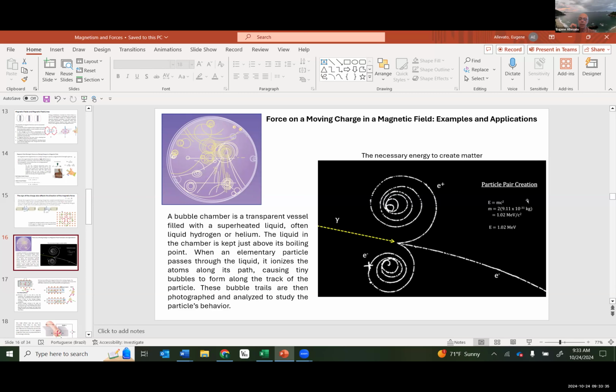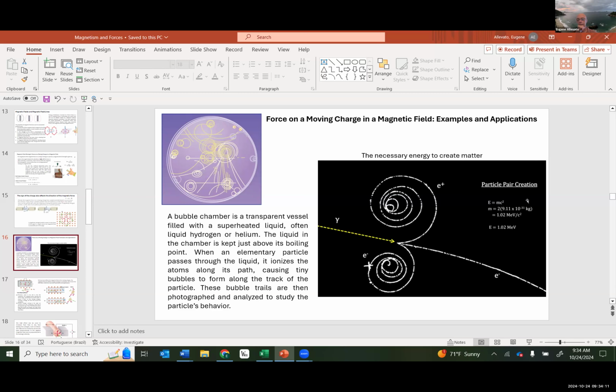So particles like electrons are accelerated into this chamber that is transparent, but has very hot liquids like liquid hydrogen, and then they take pictures of it. It's the bubbles, right? Because as the particle travels, it ionizes the atoms along its path and leaves little bubbles behind.